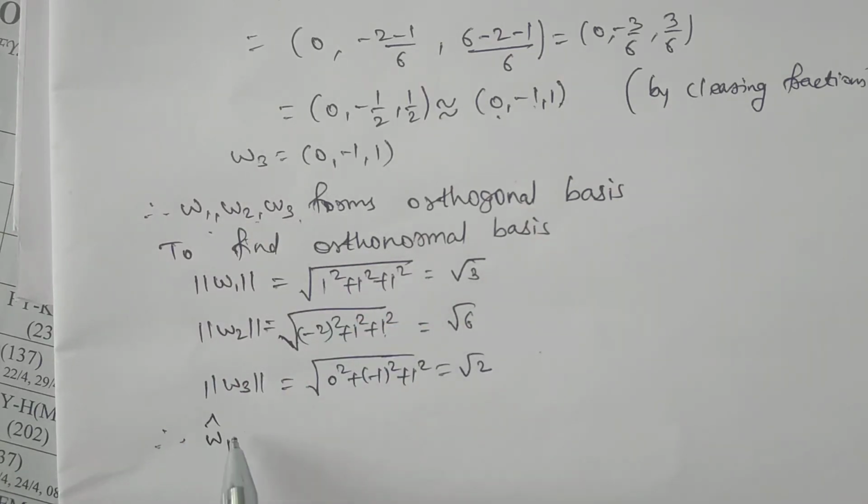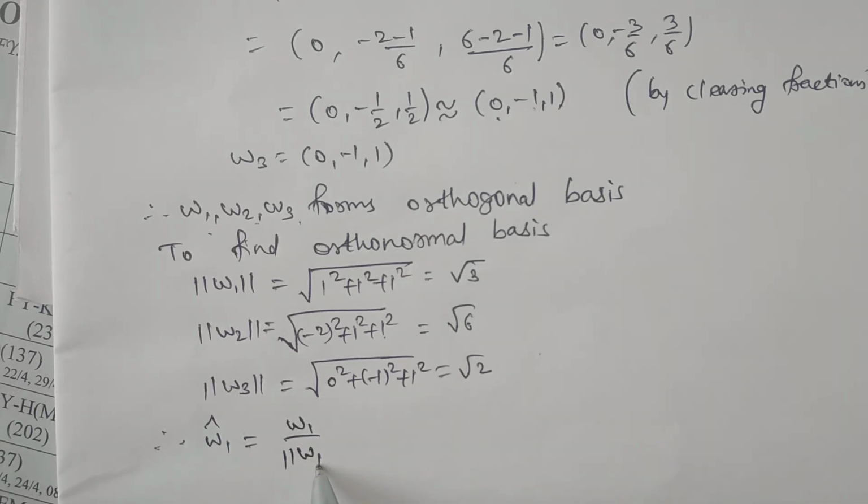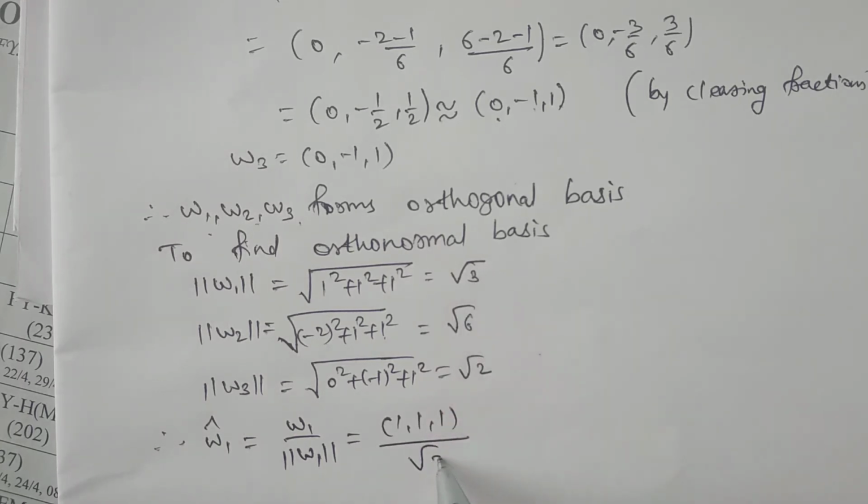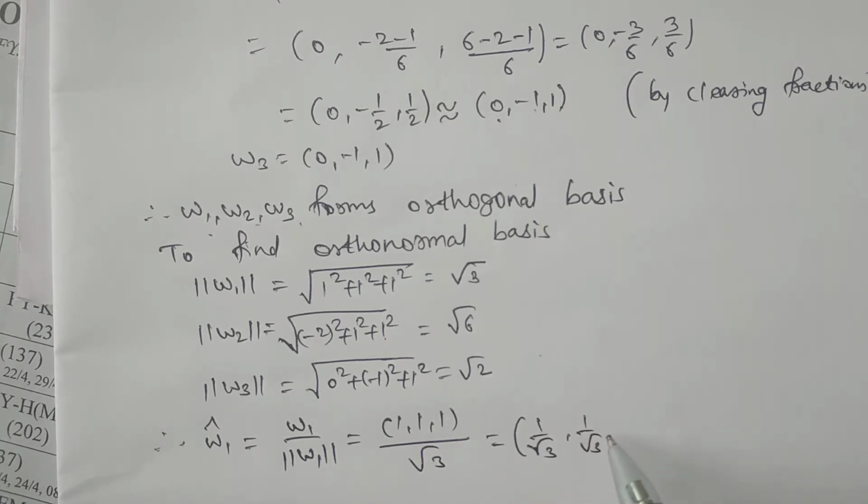Normalizing W1, we get W1 cap equal to W1 upon norm of W1. This is (1, 1, 1) upon root 3, that is (1/root 3, 1/root 3, 1/root 3). W2 cap is equal to W2 upon norm of W2.